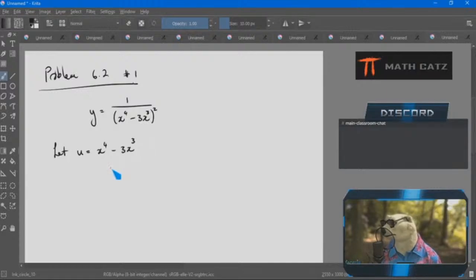But this is the only obvious option that would work for us. Then, once I've made that choice for my inside function, the outside function, of course, y, is 1 over u squared.